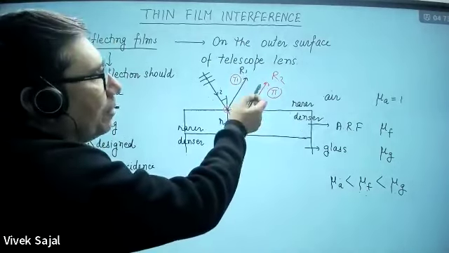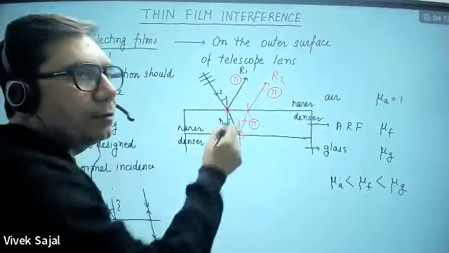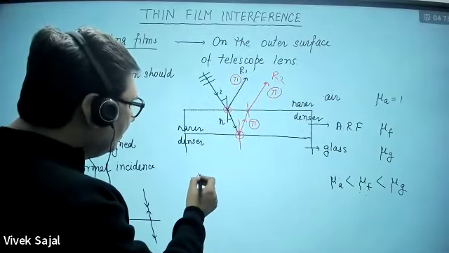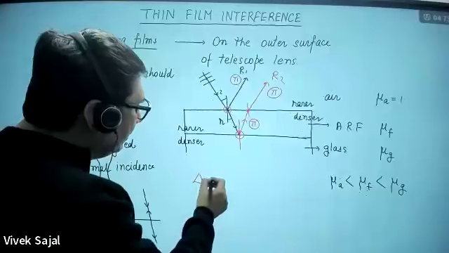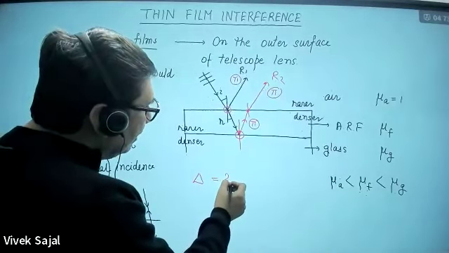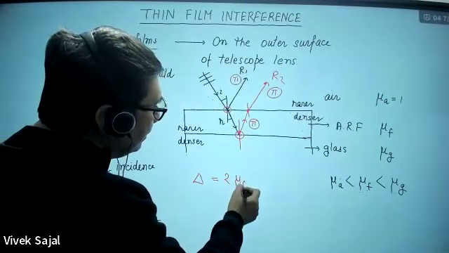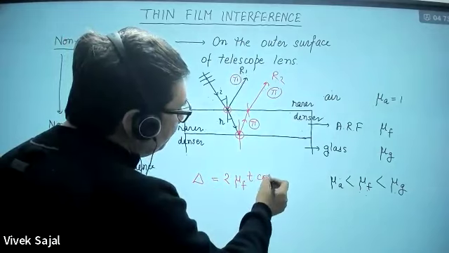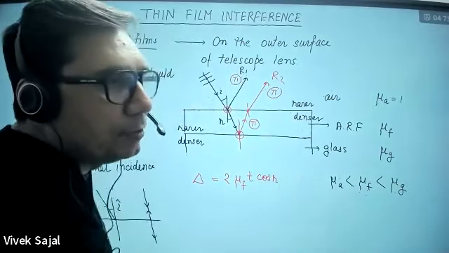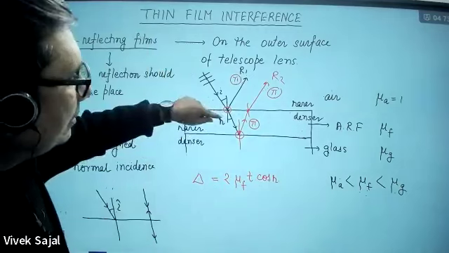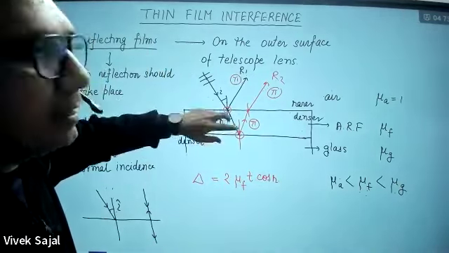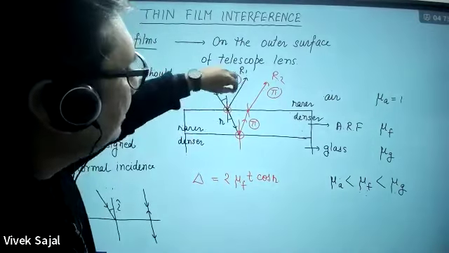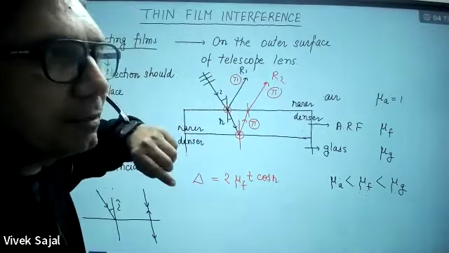When you calculate the path difference between R1 and R2, this lambda by 2 will cancel out, and the net path difference delta will be 2 mu F t cos r. That lambda by 2 is gone because two reflections are taking place, and both are at the denser medium, so both times this extra phase of pi will be introduced.